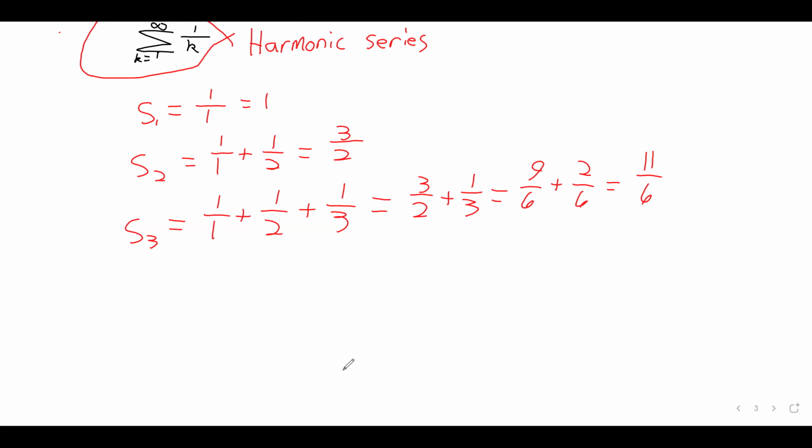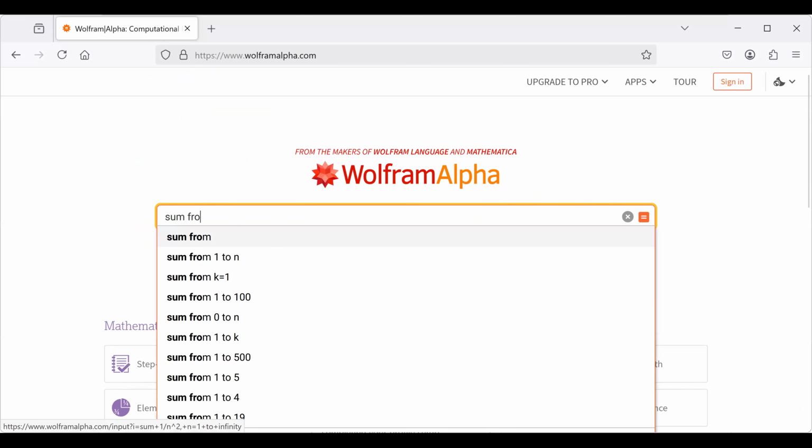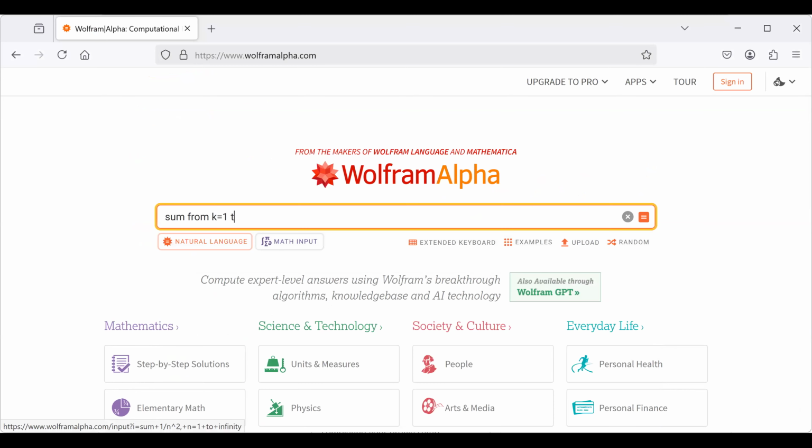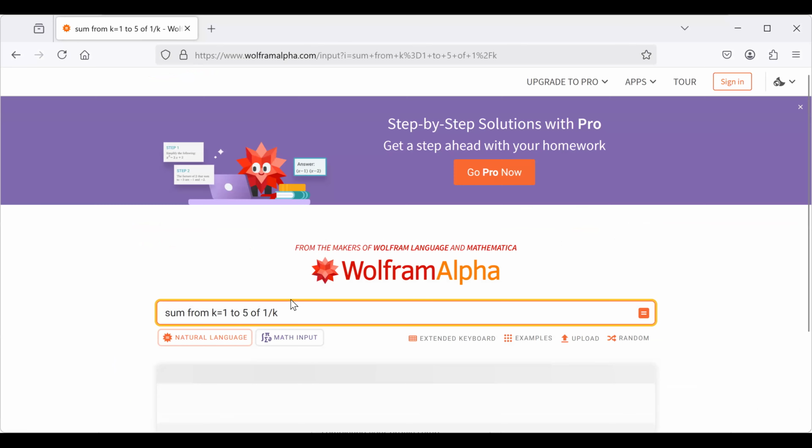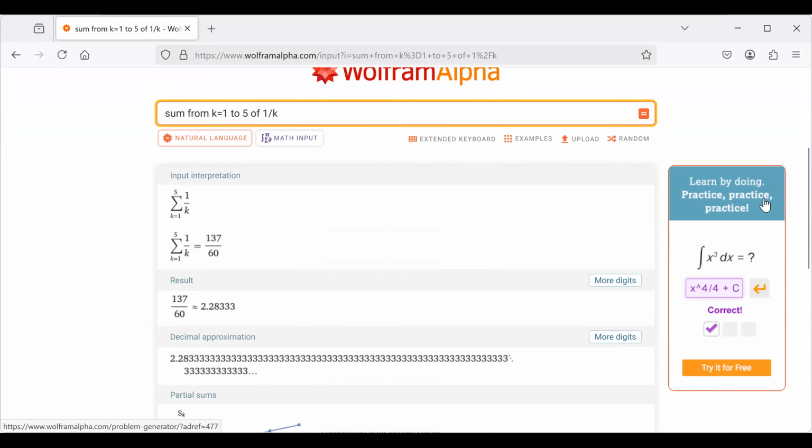And I'd like to just go to our computer algebra system and look at a few partial sums.